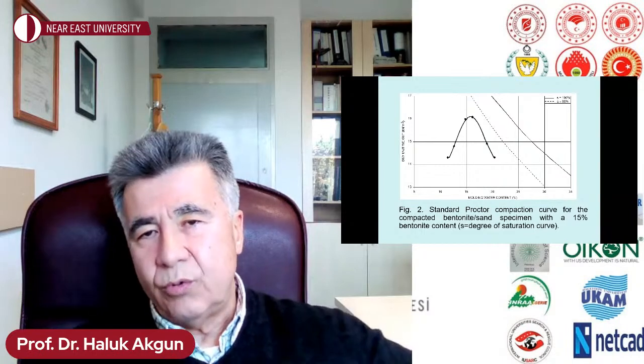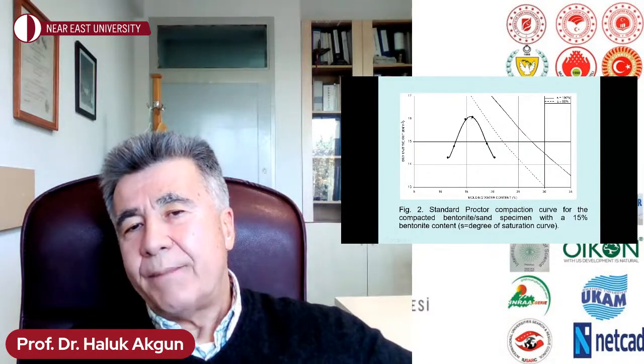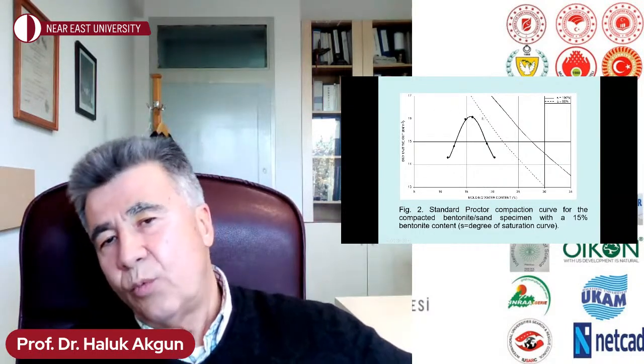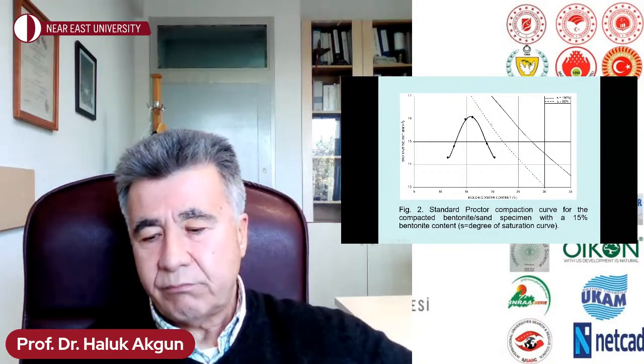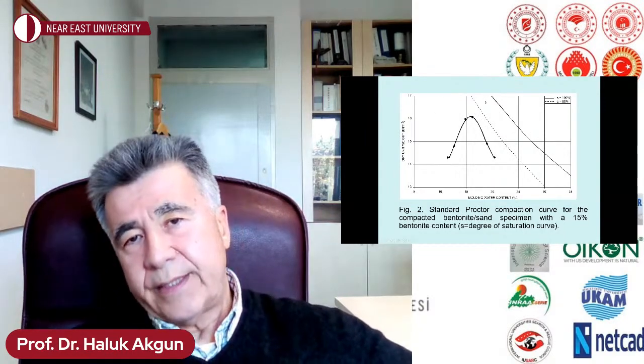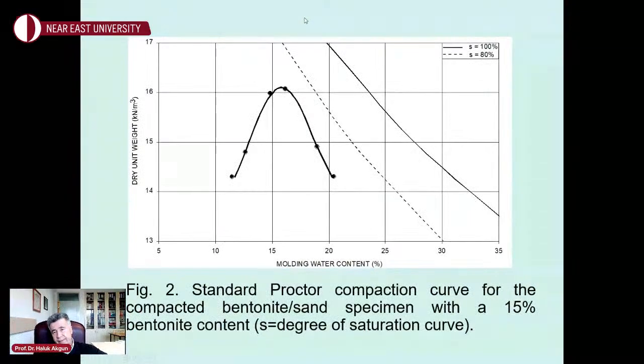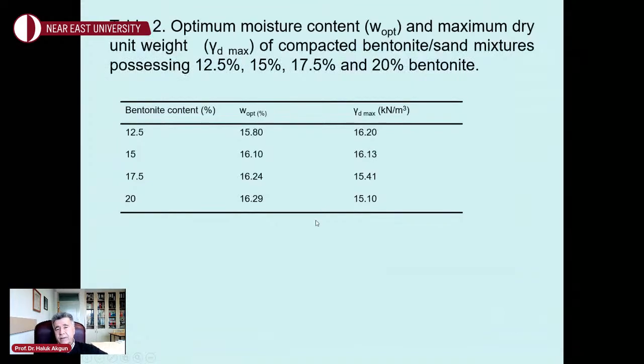We usually did that on samples compacted 2% on the wet side of the optimum. And so this is the 80% saturation line, this is the 100% saturation line, as the curve implies. And this is the result of our compaction that we obtained.